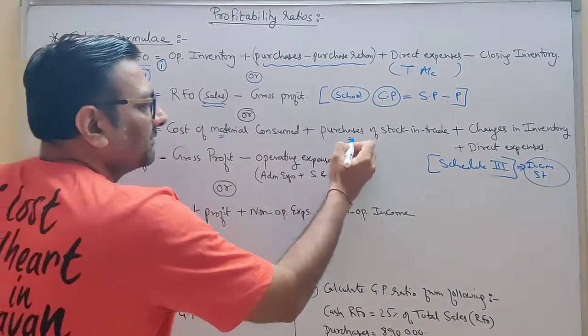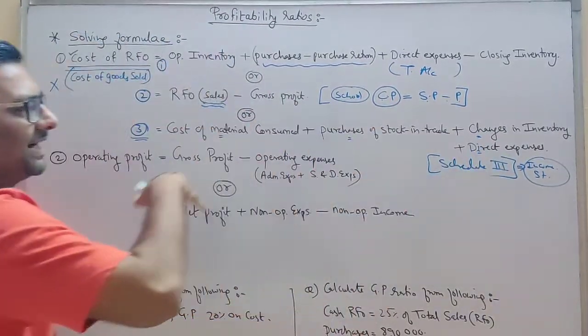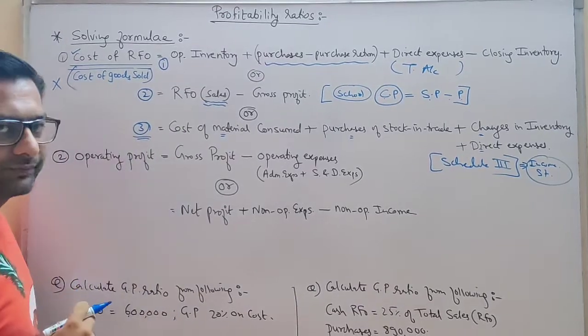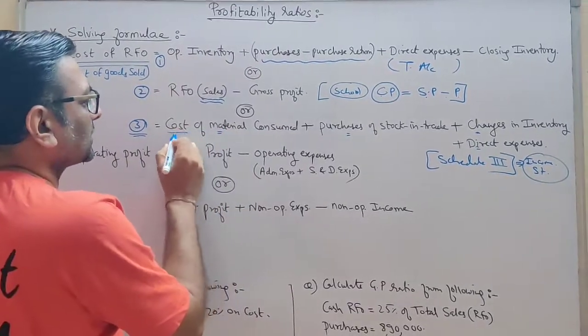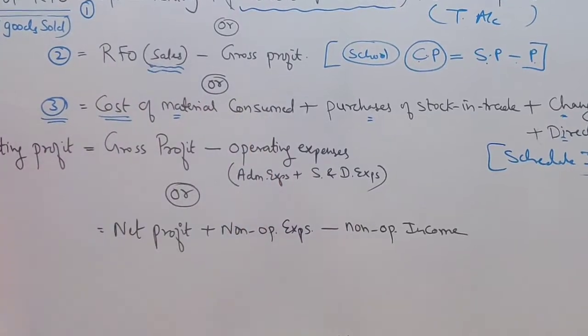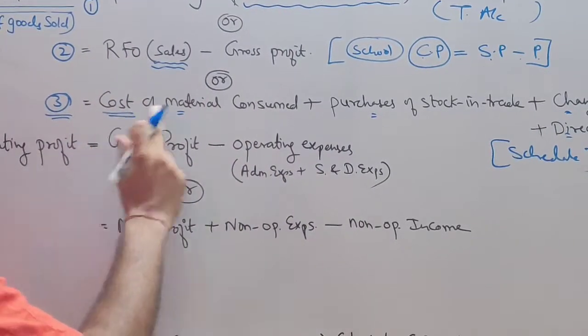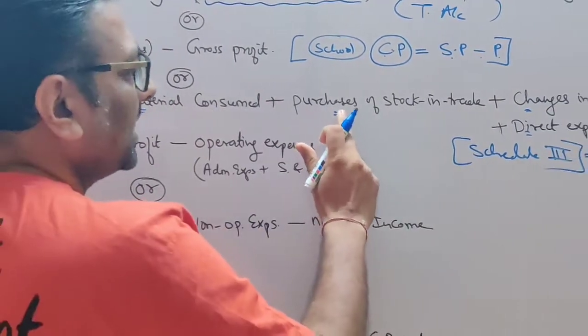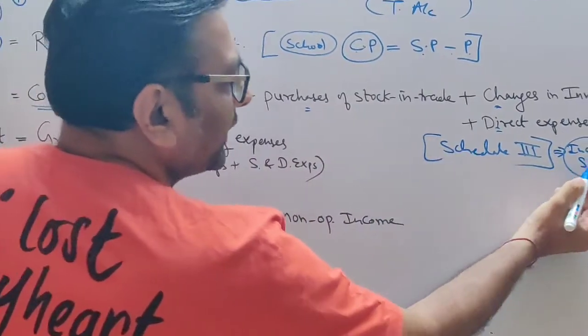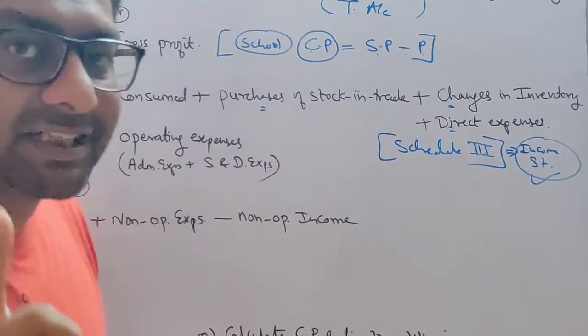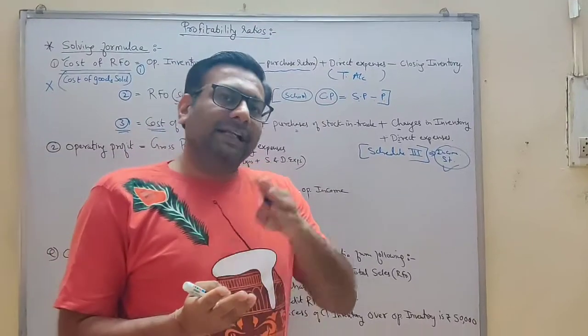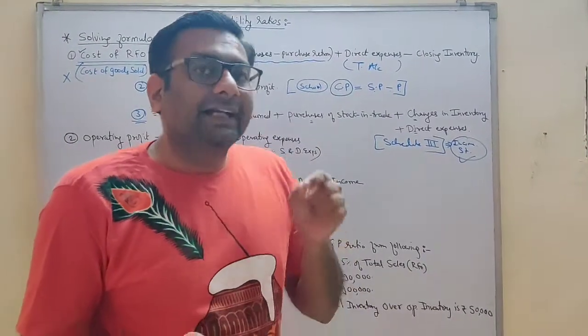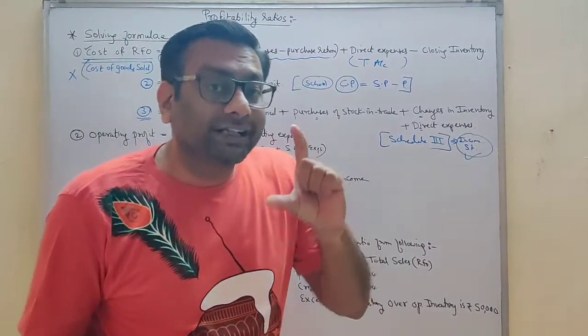These are the items which will be given to you and you have to add up to get the cost of RFO. So what comes first? Cost of material consumed, plus purchases of stock in trade. When you see income statement, students, you have the textbook with you. Open textbook part B, and in that you will find the format for income statement.